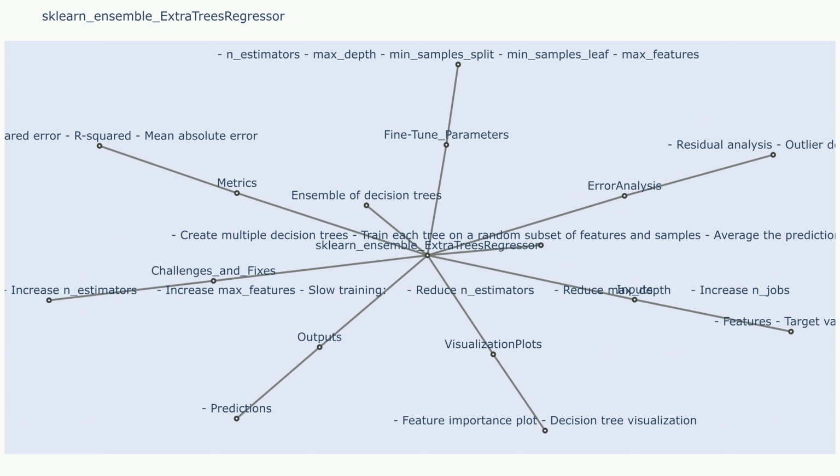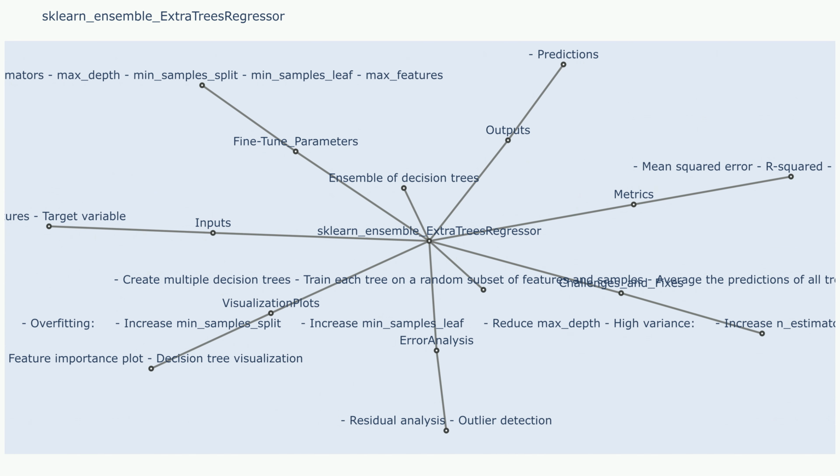Feature importance plot displays the importance of each feature in the model's predictions. This plot helps identify the most influential features. Partial dependence plots visualize the relationship between a specific feature and the predicted outcome, while holding other features constant. It helps understand how changes in a feature influence predictions.